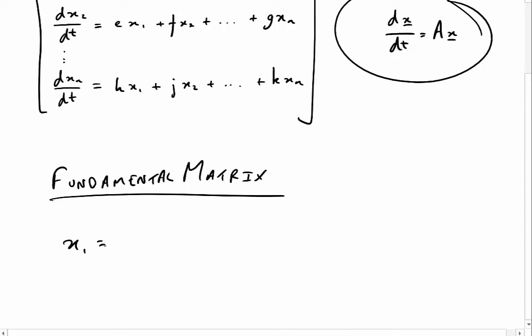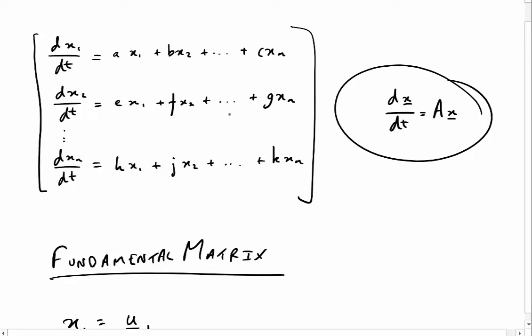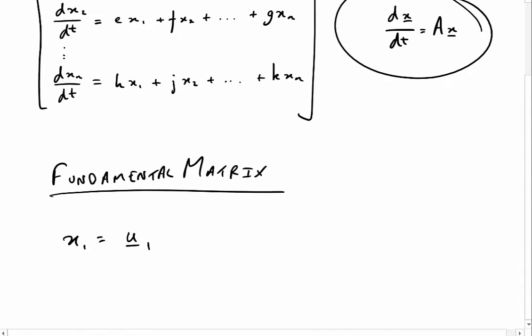So x1 will look something like this: the eigenvector u1, which comes from A, the matrix of coefficients, times e to the eigenvalue, which again comes from A, times t.